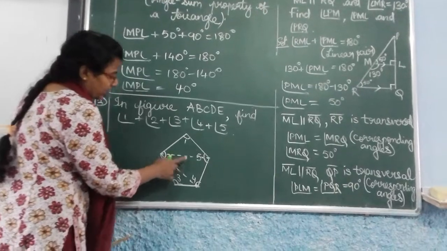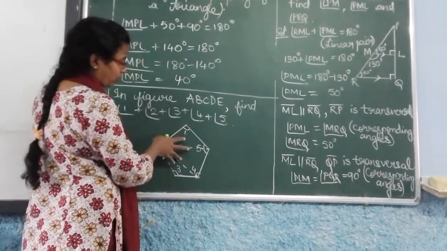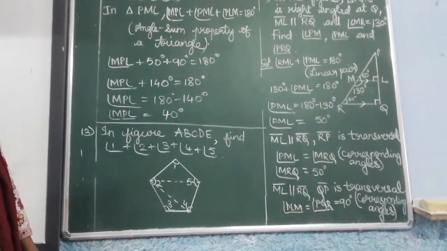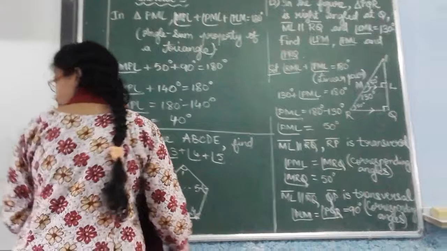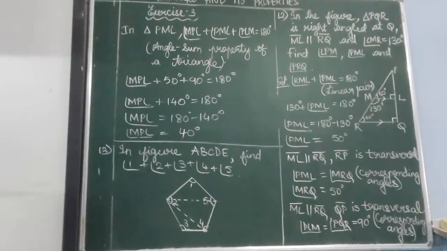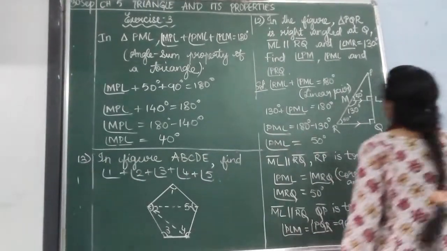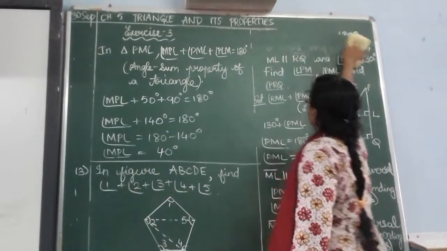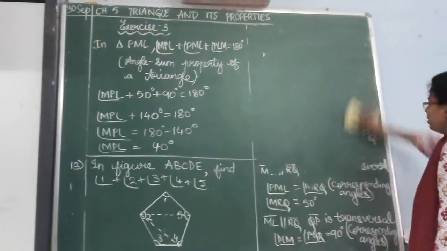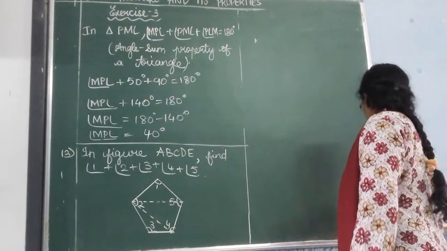So here this is one triangle, this is the second one, and this is the third one. 3 triangles I have formed. You all finish writing this, so I am going to erase this and we are going to solve the problem.